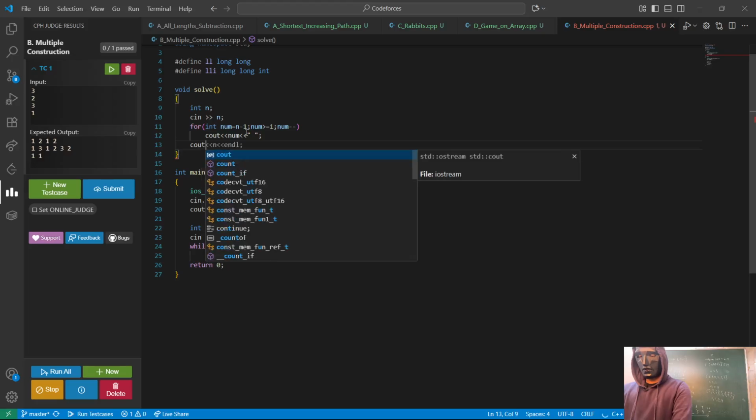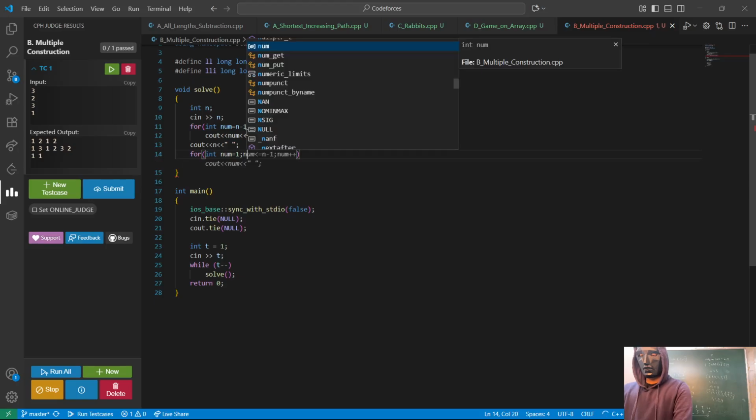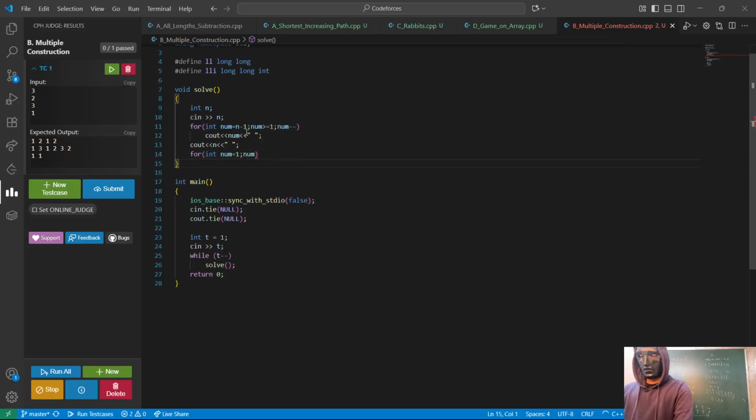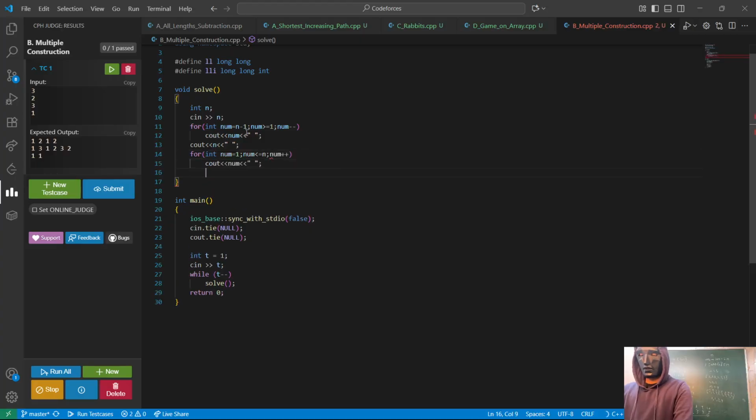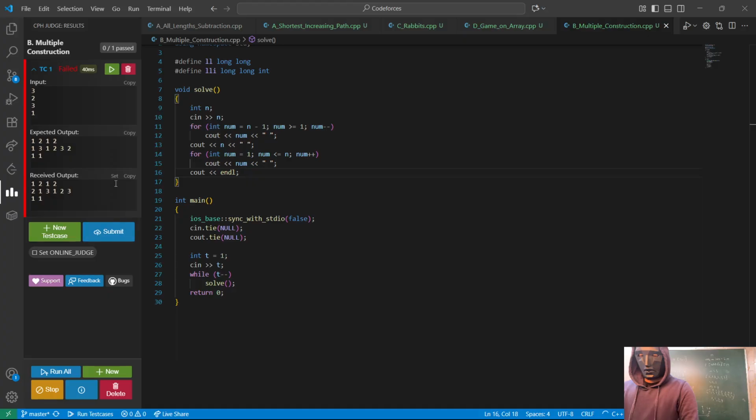Now you need to print n. Okay, then as I said, you need to print numbers from 1 to n. Once you print it, print endl for printing the numbers in the next line for the other test cases. So here it will give wrong because they are expecting some order, but this is also a valid answer. Let's try to submit it.